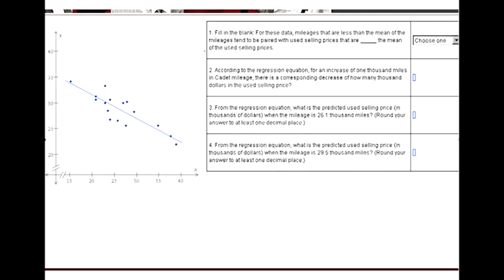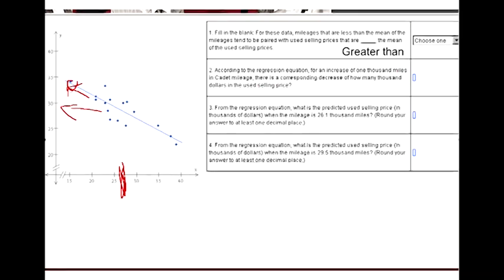So if we're talking about mileages that are less than the mean, well, if the mean is here someplace in the middle, well, prices to the left are going to be higher, okay? Prices to the left are higher because of the negative slope. So our first answer is going to be greater than.